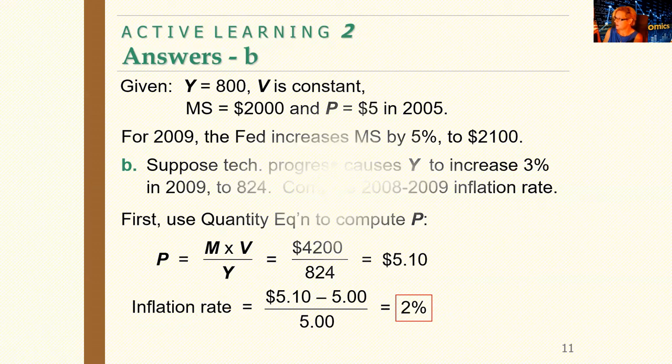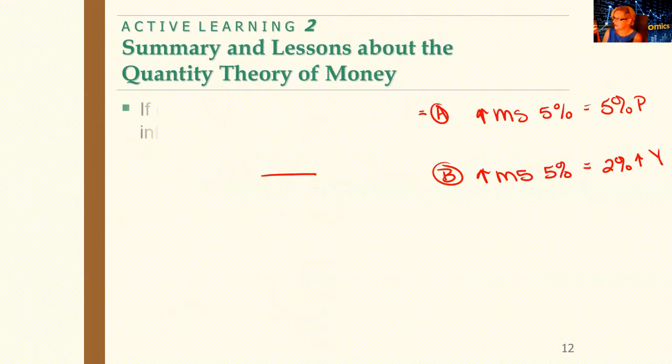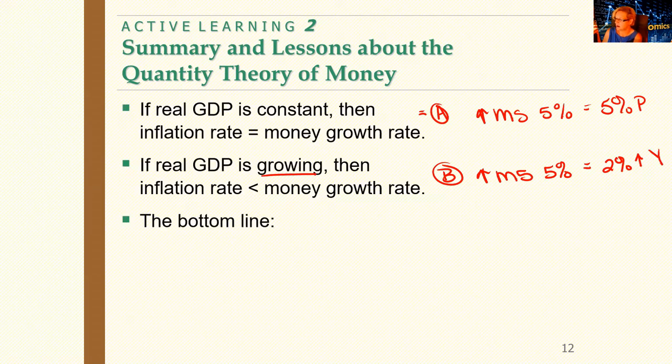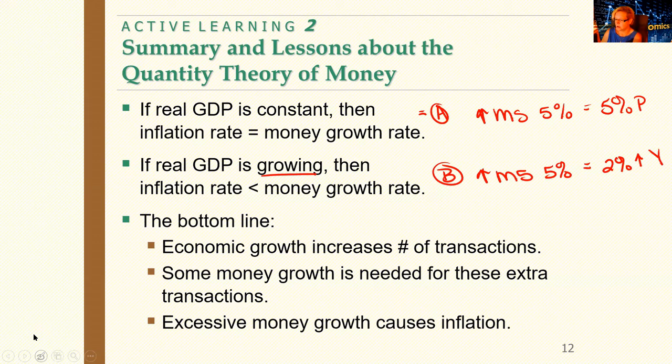Okay, it was a 2% increase in the price level, sorry, it's changing of slides, a 2% increase in the price level P, and a 3% increase in real GDP. So what happens? Economic growth increases the number of transactions. The demand for money increases, and excessive money growth causes inflation.